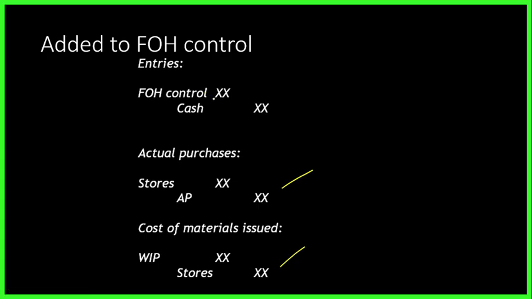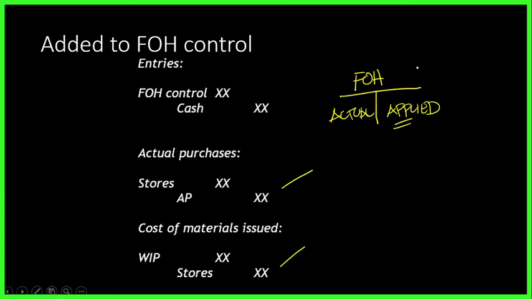Now take note, if you review your factory overhead control from your cost flows, this one is debited for the actual, and this one is credited for the applied. So your handling cost will be applied together with other overhead costs, right? So you use your factory overhead rate.